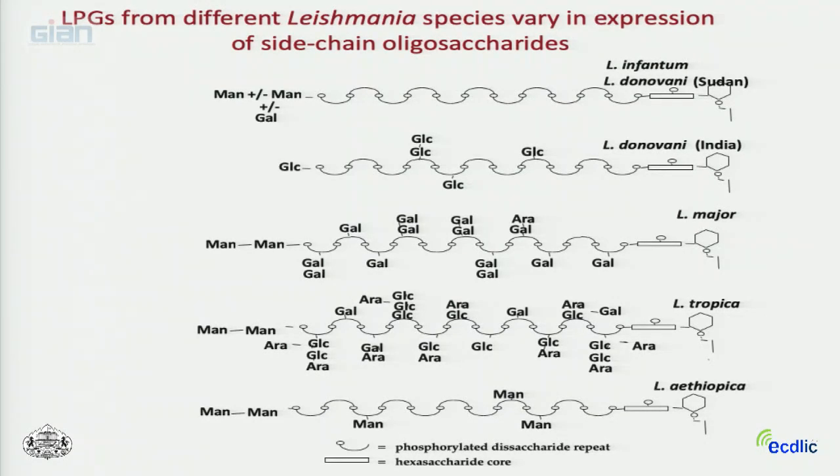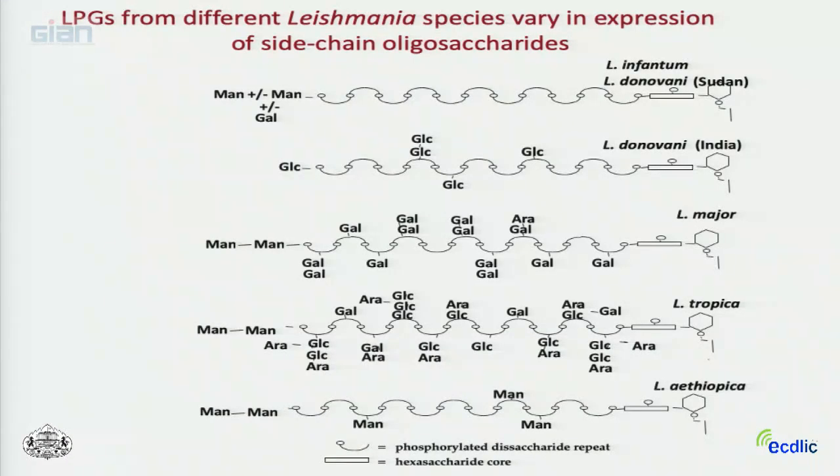So Leishmania major is polygalactosylated. The majority of those phosphodisaccharide repeats have side chain galactose structures. Leishmania tropica has a very complex branching oligosaccharide structure with glucose and arabinose as side chain structures.